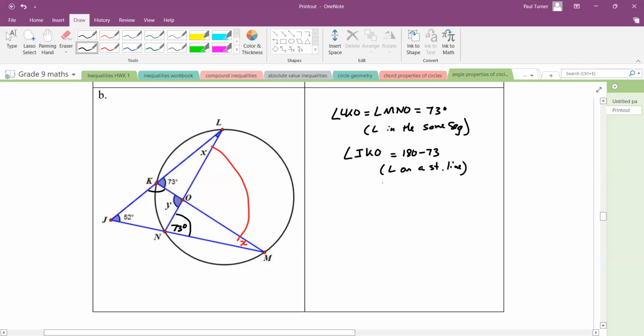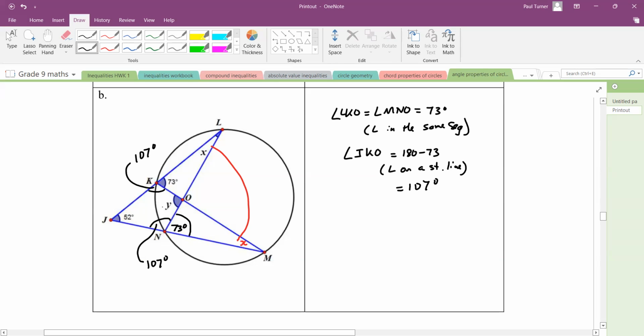So there, you're going to get 107. So this angle here is 107 degrees. And we note now that that is also going to be the same, 107 degrees, because you also have 73 degrees here, right? So JNO is also 107. I won't bother writing that here, but we can see from the diagram.